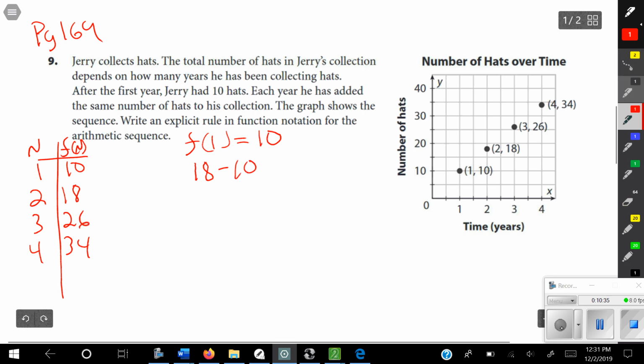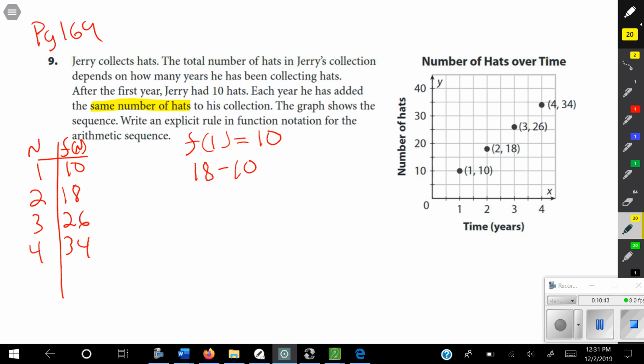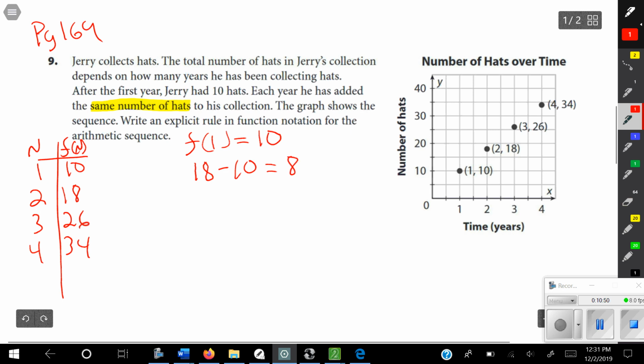And since it is the same number of hats, that automatically lets you know it's going to be an arithmetic sequence. So you've got 18 minus 10, which is equal to 8.